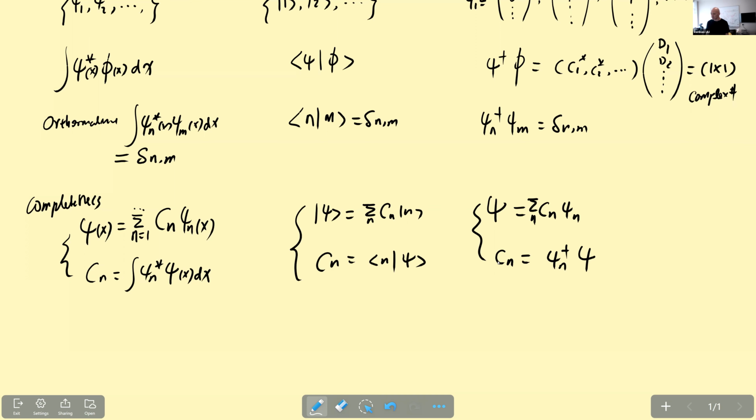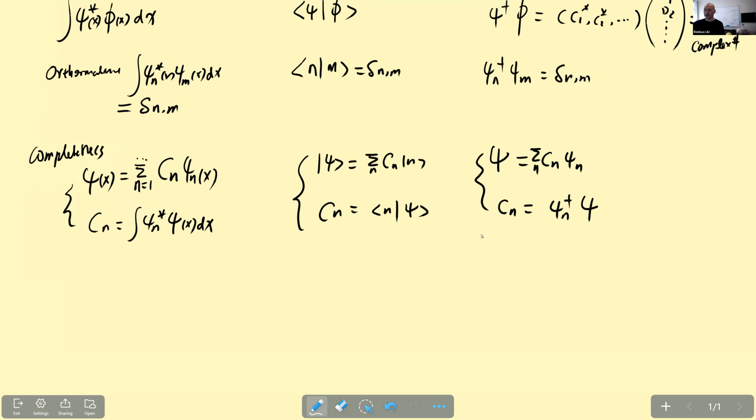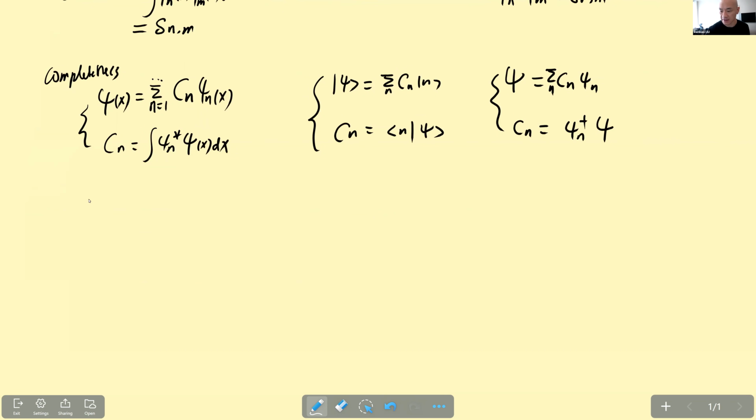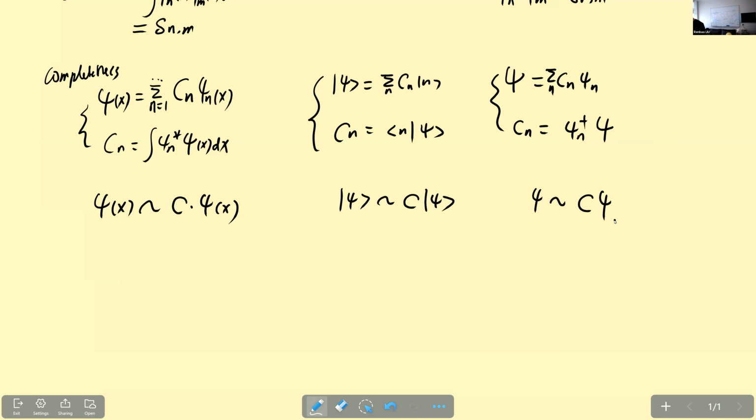Okay. And also you know that physically, the state psi(x) is the same as any complex number times psi(x). And similarly, a physical state is the same as this one. So if we multiply a constant to this one, actually it does not change the state. Okay. And also, this is the same, right? Okay.